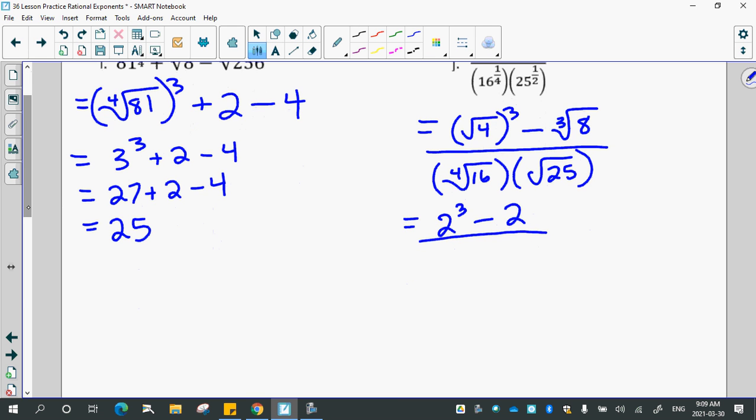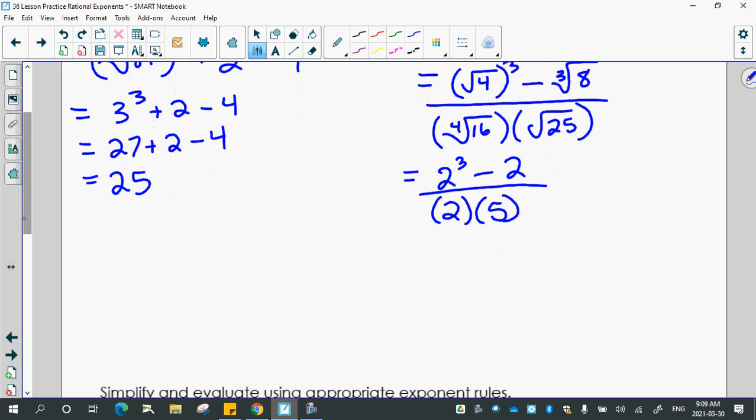Over fourth root of 16. What number multiplies by itself 4 times to give you 16? 2. Square root of 25 is 5. Two cubed is 8.